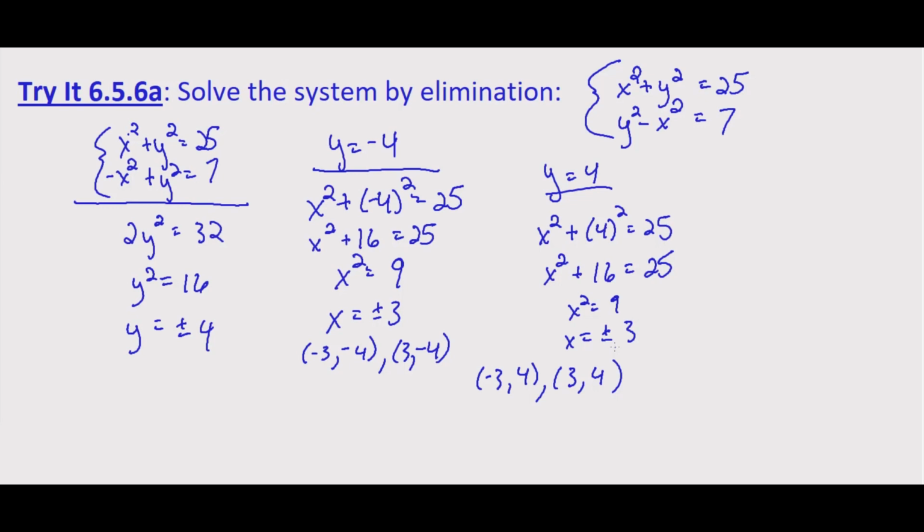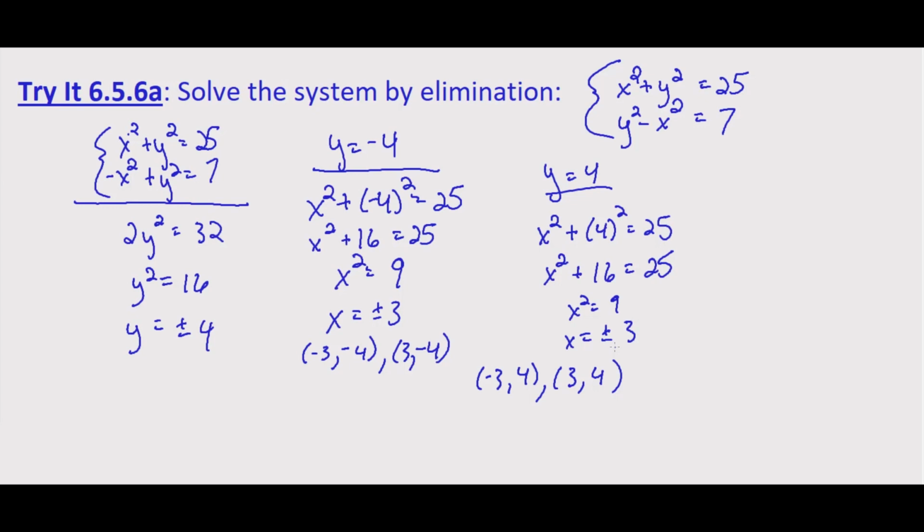So there are 4 solutions to this system of equations, which we should, by the way, recognize is a circle centered at the origin with a radius of 5, and then a hyperbola in which the y squared term is technically coming first.